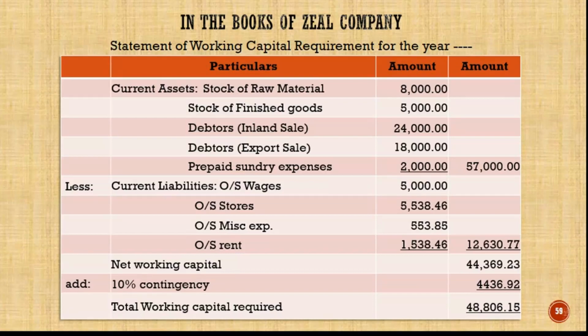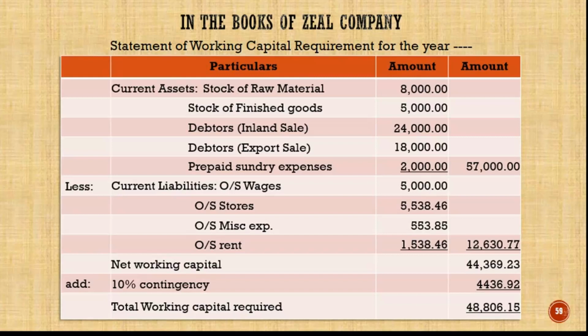Less current liabilities, under that outstanding wages, outstanding stores, outstanding miscellaneous expenses, and outstanding rent. The total of these 4 taken to the outer column is 12,630.77.